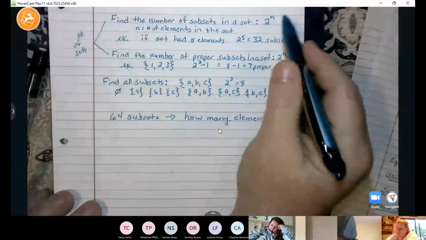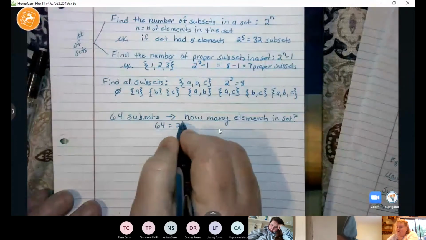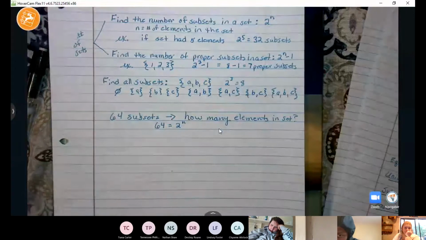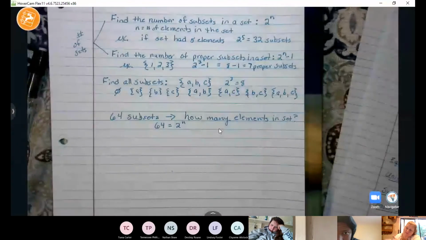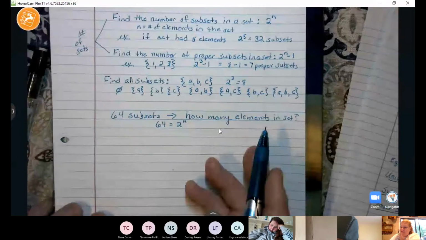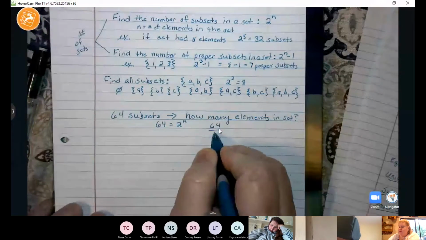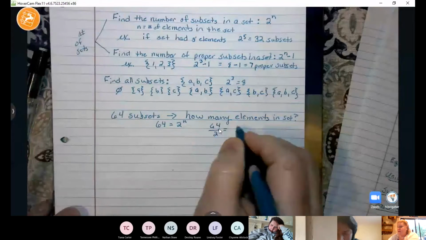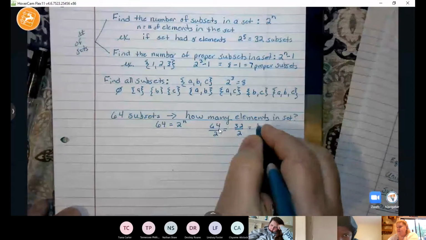Well, we take our little formula, 64 equals 2 to the n. Well, because this is base 2, I could do the square root of it. But if you didn't know the square root of it, you could divide 64 by 2, and you get 32. Divide 32 by 2 again, and you get 16.